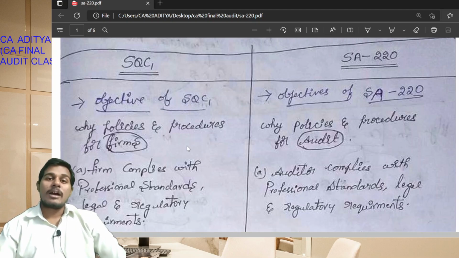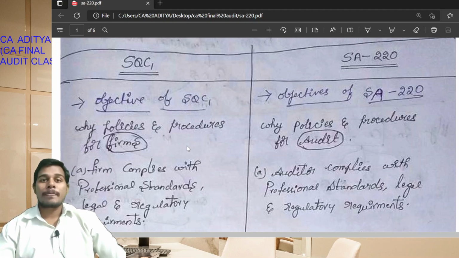Okay students, as per SQC 1, it will consider the whole audit firm, but as per SA 220, it will consider only the audit of historical financial statements. The audit firm will have audit and assurance services and related other services.